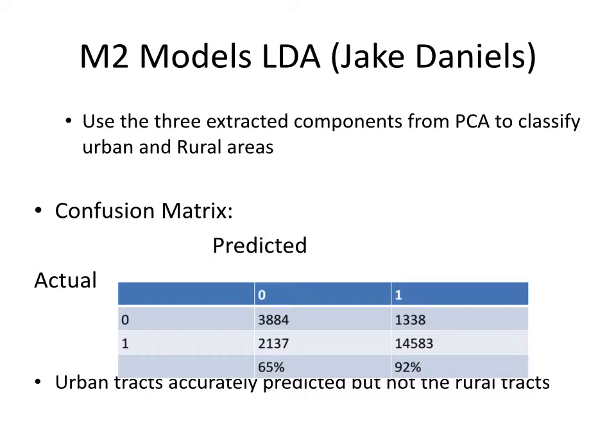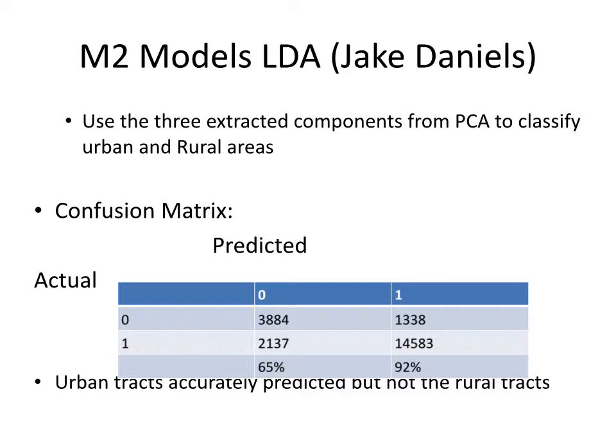With my second model, I chose to run a linear discriminant analysis on the 3 components that I extracted from my previous PCA. I wanted to look at how well these new extracted features were in predicting if a tract was in a rural area or an urban area. In my confusion matrix, you can see that I was accurately able to predict 92% of the urban tracts correctly and 65% of the rural tracts correctly.